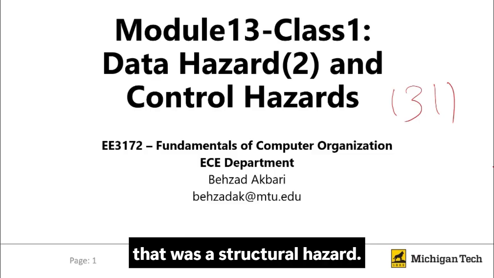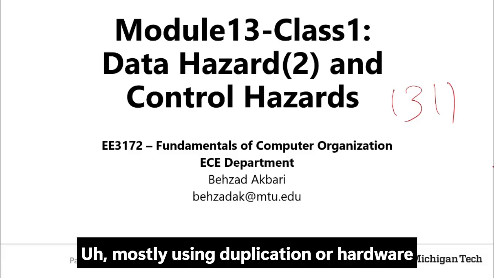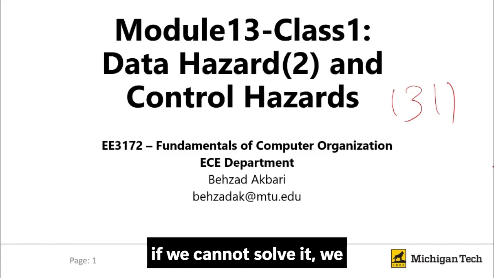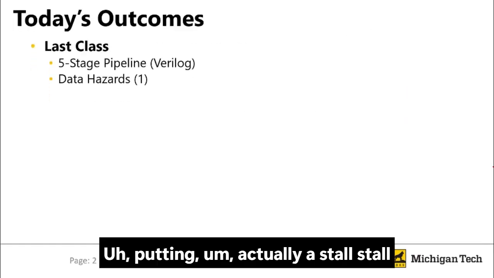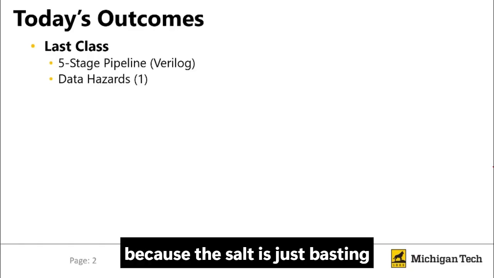That was a structural hazard, mostly using duplication of hardware, we can solve it. Well, anyway, if we cannot solve it, we need to go for putting actually a stall. A stall is like a worst case scenario. We don't want to make a stall because a stall is just wasting processor's time.